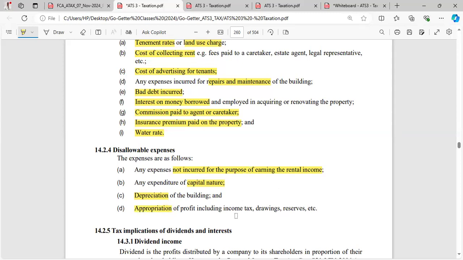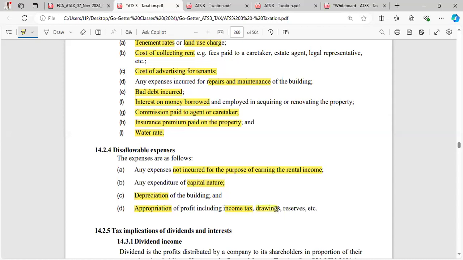Part of it includes paying income tax. So appropriation of profit, anything you spend out of profit is not allowed. So it means that the whole profit should be taxed. If you spend things out of profit, like income tax, it could be any kind of tax.